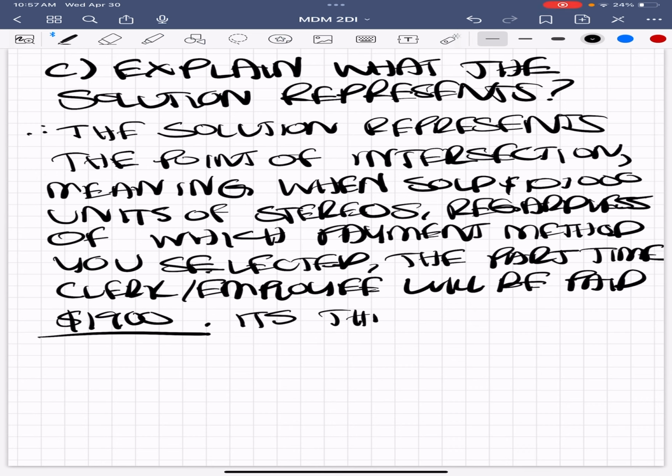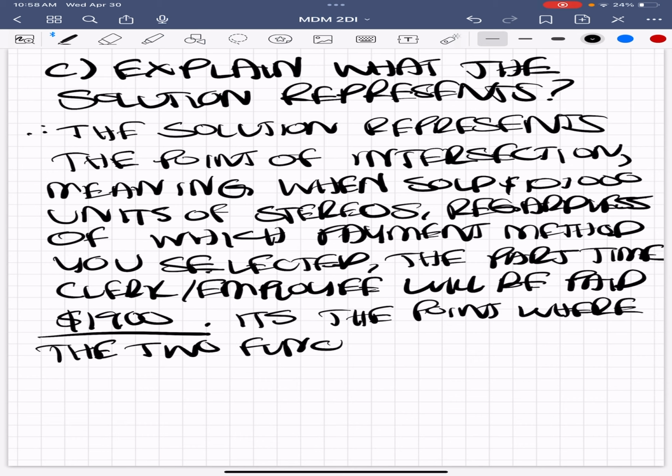It's the point where the two functions intersect.